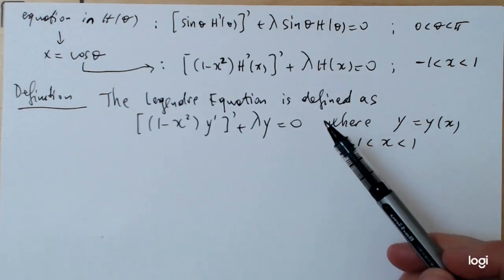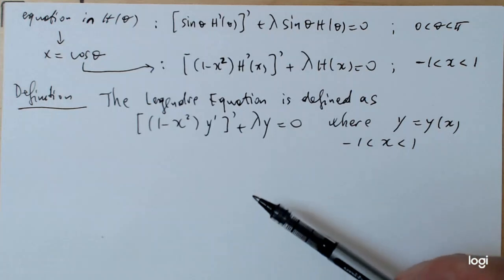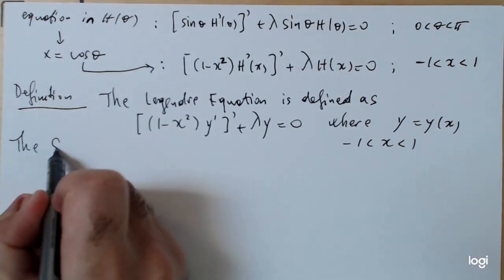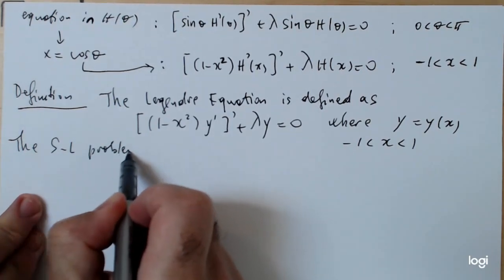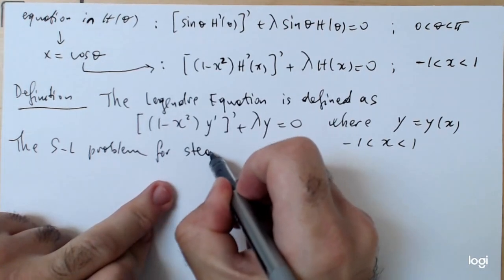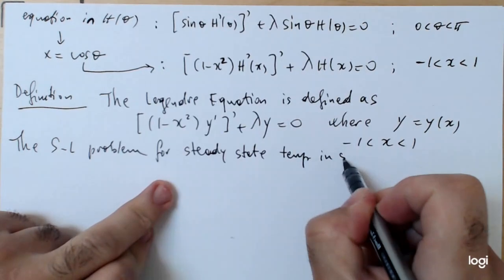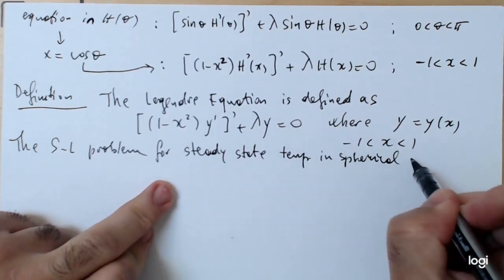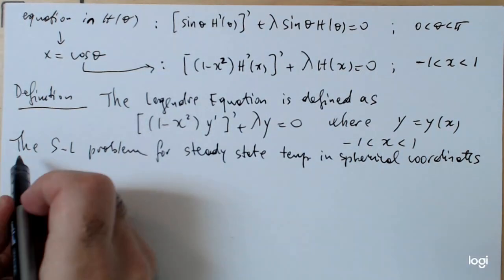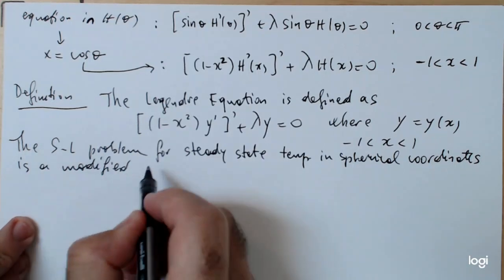So the Sturm-Liouville problem that comes from the steady state temperature in spherical coordinates happens to be a Legendre equation. So the Sturm-Liouville problem for steady state temperature in spherical coordinates is a modified, let's call it this way, modified Legendre equation.